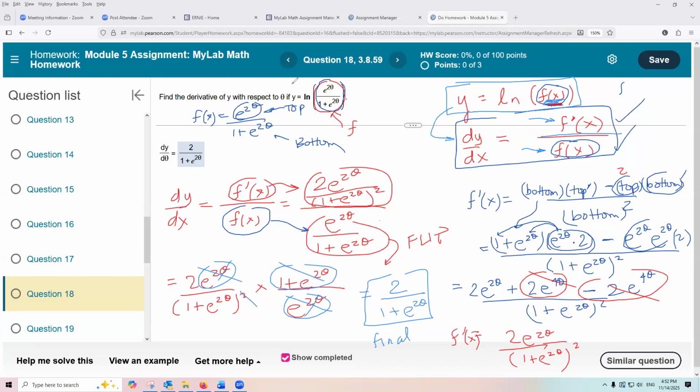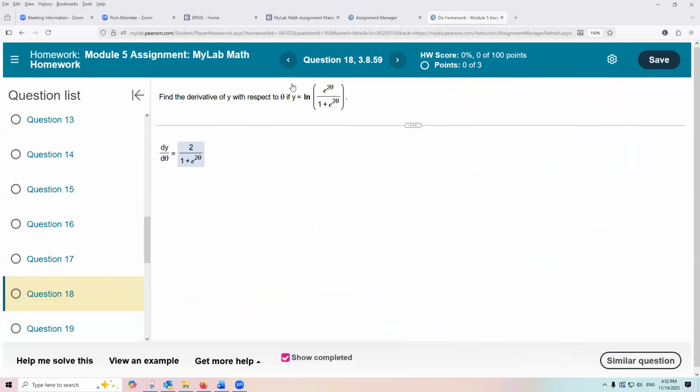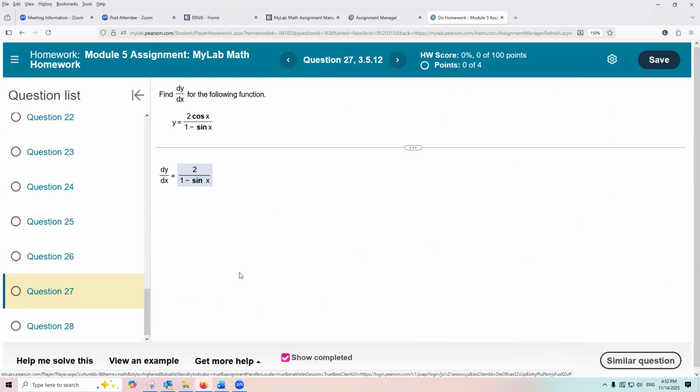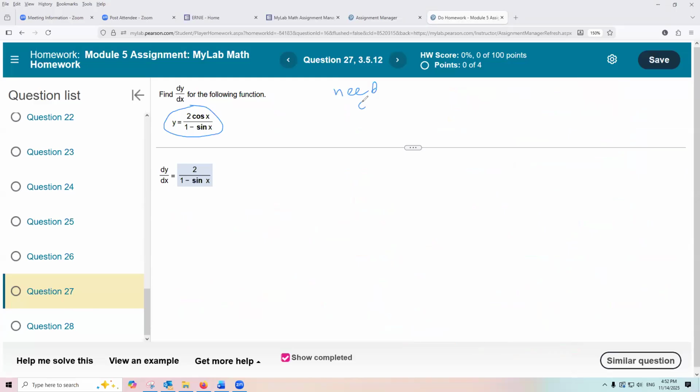All right, let me see if there's one more we could do here. Maybe let's do one involving some trig functions. And it looks like this one is a fraction. So we're going to need the quotient rule for this one, for the derivative.